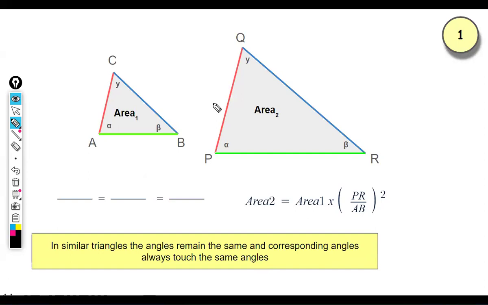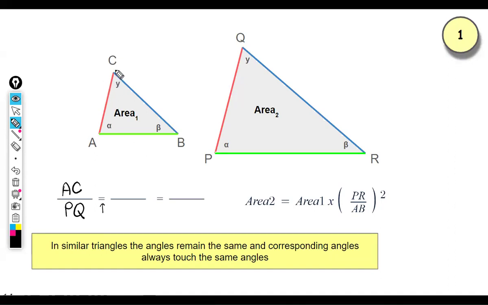Now, once triangles grow up or shrink and the angles remain the same, there's a formula that relates both triangles. And this is the formula. Anytime you take two corresponding sides and divide them, like this one is AC, if you divide it by its corresponding side, which is PQ, you will always get the same answer as if you do the same thing with another pair of corresponding sides.